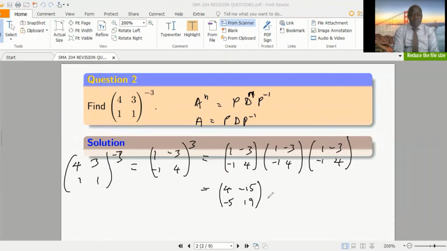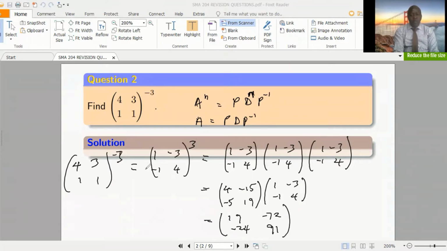Then multiply this by 1, negative 3, negative 1, 4. And when you do this, what you then get will be 19, negative 72, negative 24, and then finally 91. So you can multiply this.